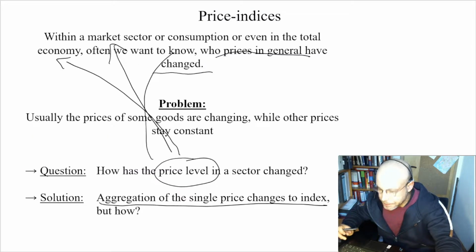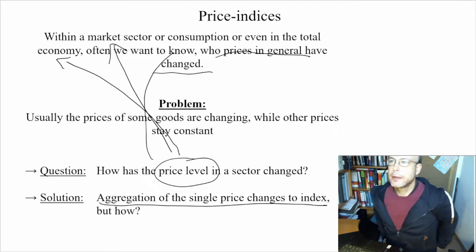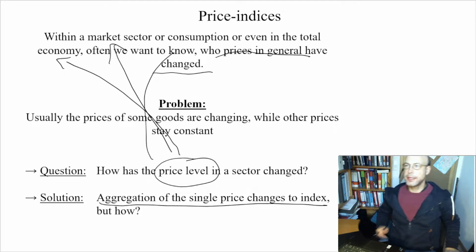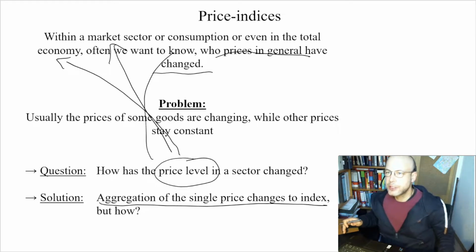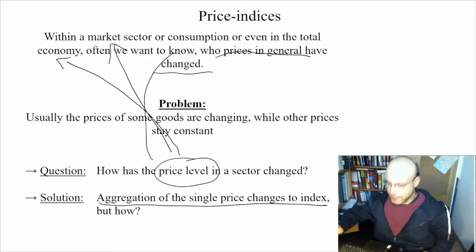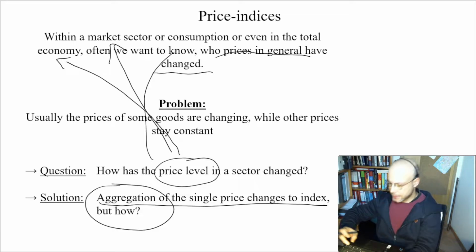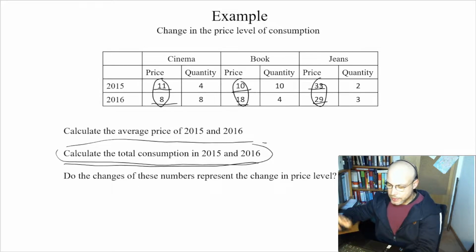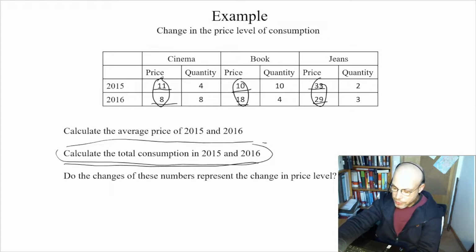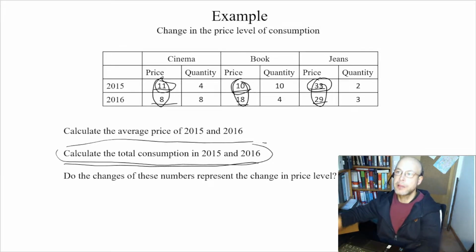We are at the topic of price indices and how to measure a price level. For the aggregation of a price level, we discussed that we could just calculate the arithmetic mean of prices, 11 plus 10 plus 33 divided by 3.